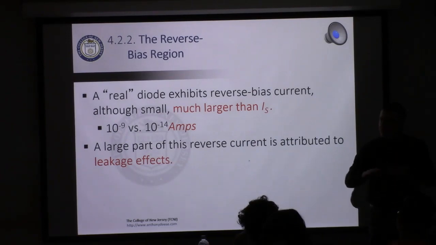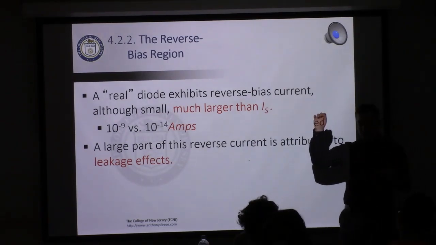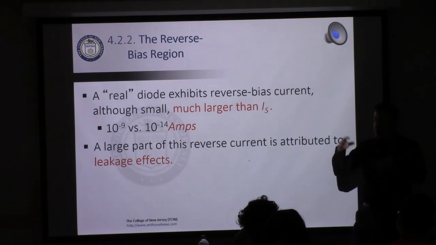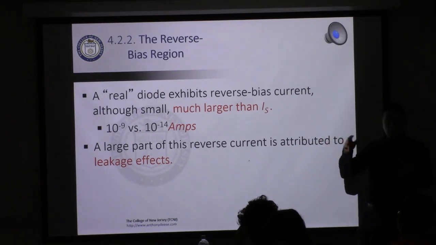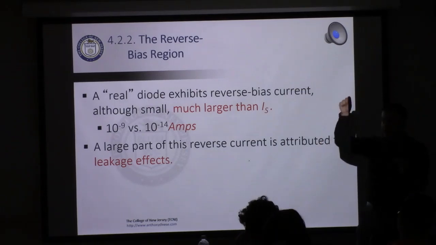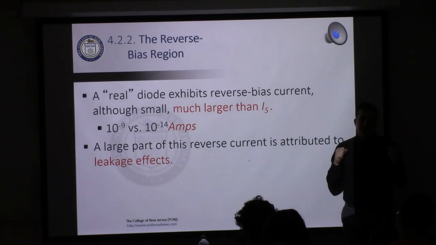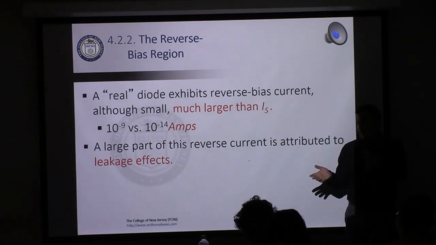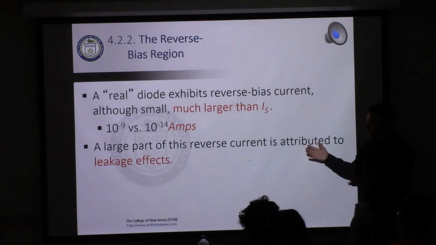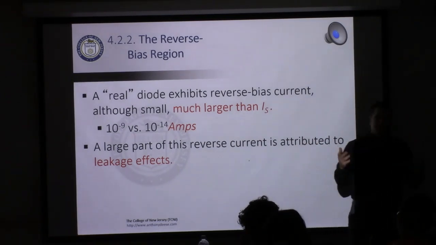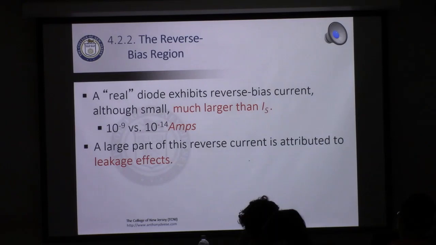If you were to characterize the forward bias current, you could model it to the exponential structure and extract what the IS value is for that diode. You take data points, you do a regression, you come back with a value of IS. And then you say, well, that should be the same value as the reverse current. Then you flip the voltage, and it's not. The reason for that is these leakage effects and some imperfections in the diode.